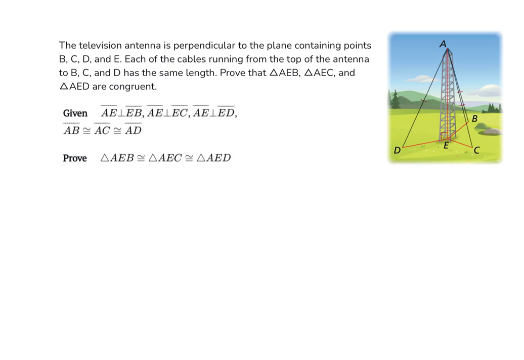All three of these are congruent because we want all of those cables to be the same length, right? I mean, we could probably make them different lengths, but we're trying to keep it as sturdy as possible. Otherwise, if you have one that's a little bit longer, maybe it pulls the tower and makes it lean a little bit. We don't really want that, right? So we want all of these to be the same so it keeps the tower upright.